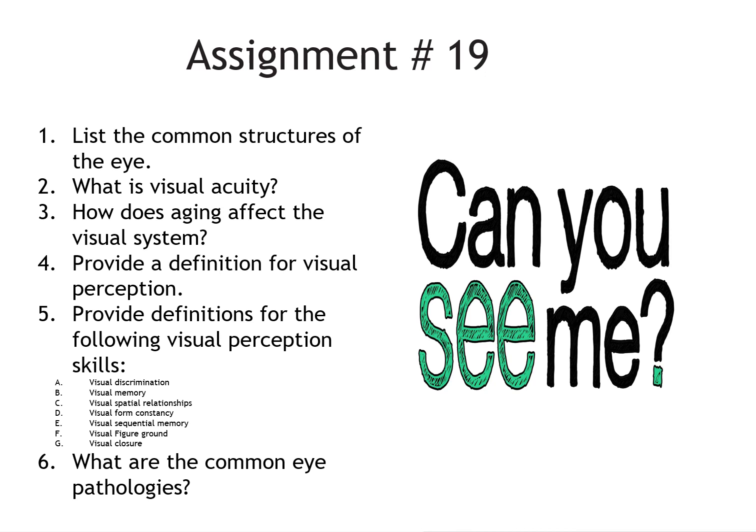Provide a definition for visual perception and provide definitions for the following visual perceptual skills: visual discrimination, visual memory, visual spatial relationships, visual form constancy, visual sequential memory, visual figure ground, and visual closure. And you're going to state what are the common eye pathologies.